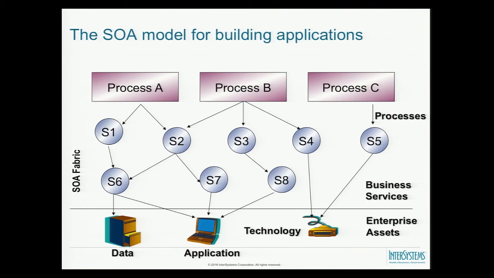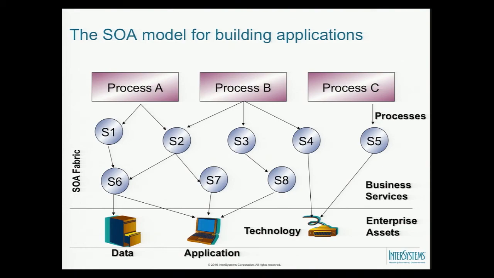And what you do then is you expose those back-end assets through a series of services. And on top of those services, you start to build processors, and on top of those processors, you can deliver composite applications. So the composite applications reside on top of processors, which utilize services which expose the data and capability of these back-end systems.